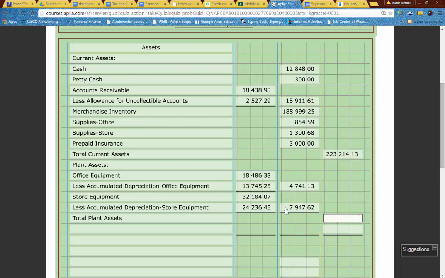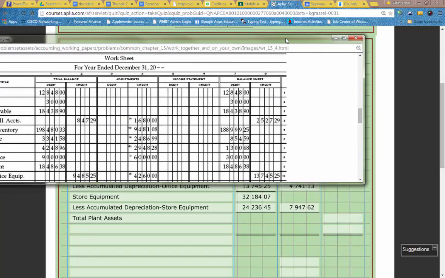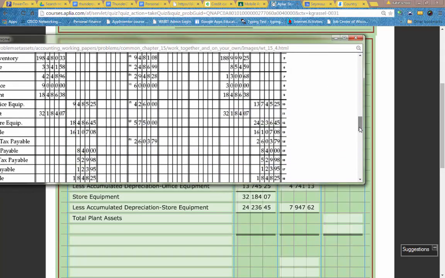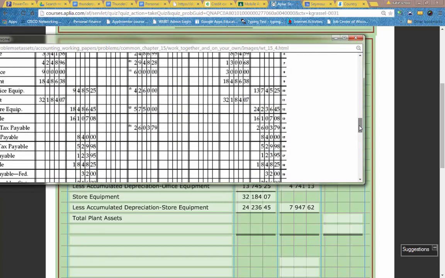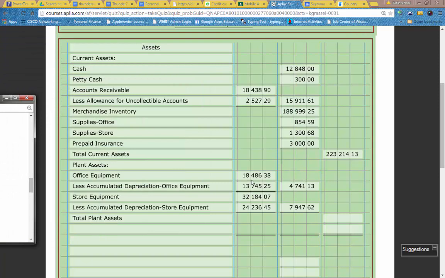Well, that's math. These two subtracted. Sorry, the 4, 7. I thought you were asking about the 13. The 13 I got there, but that's really math. I'm doing what it says. Office equipment, subtracting my depreciation.